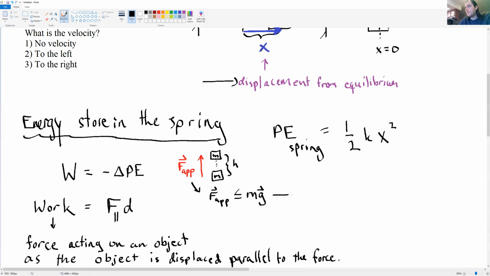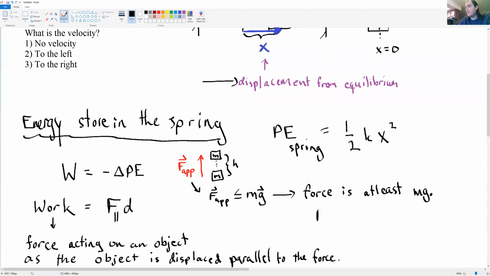Force is at least mg. And the potential energy that's stored as you lift an object, well, look, it's the force times the distance. So it's mgh, right?